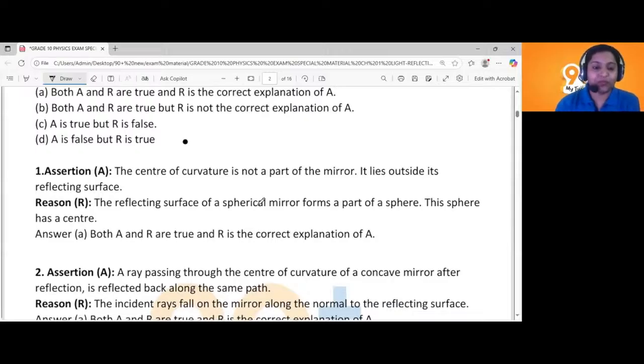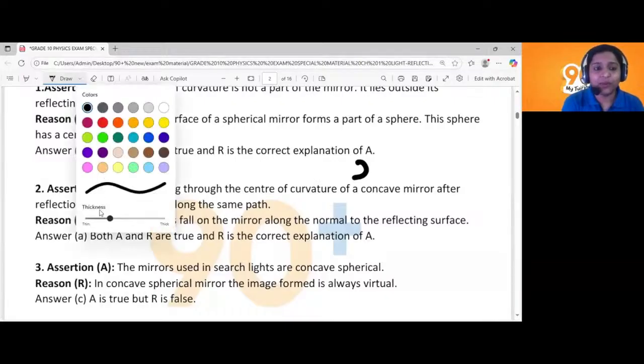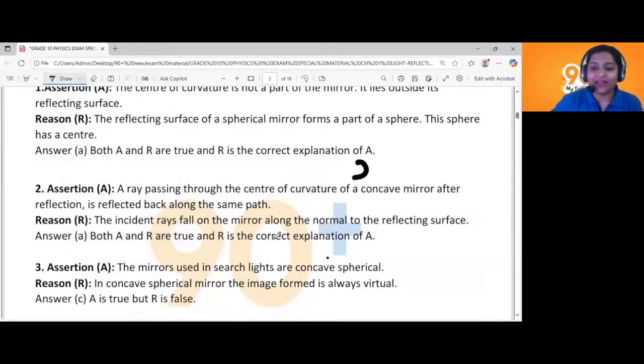Question number 2. A ray passing through the center of curvature of a concave mirror after reflection is reflected back along the same path. We know that as per our rule number 3, a ray traveling through the center of curvature, after reflection, will travel back along the same path.